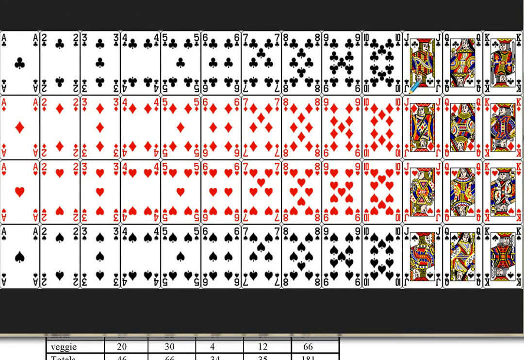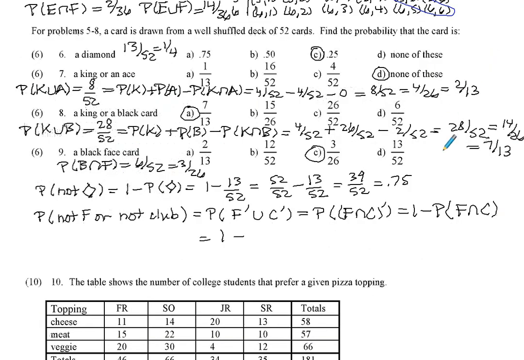And the face cards that are clubs, just those three there. Jack, Queen, and King of clubs. So we're not allowing those. So face card and club is 3. We're going to subtract those out. So 1 minus 3 out of 52. And again, write this as 52 out of 52. So this is 52 minus 3 out of 52. So that's 49 out of 52.